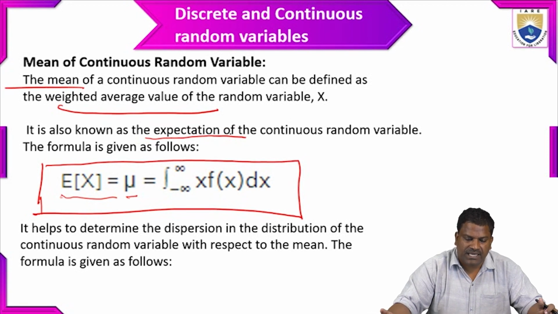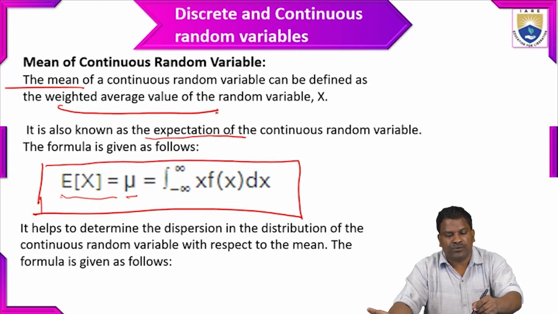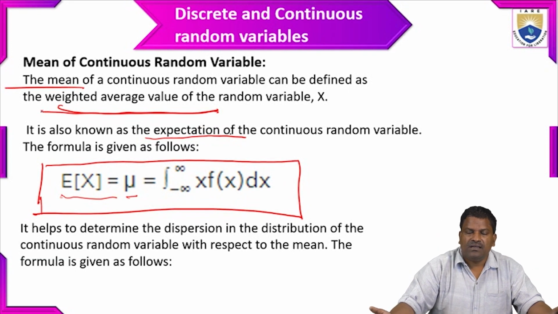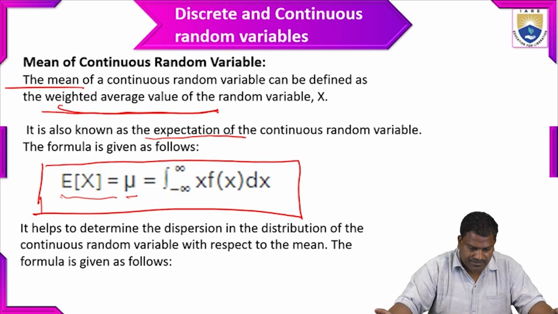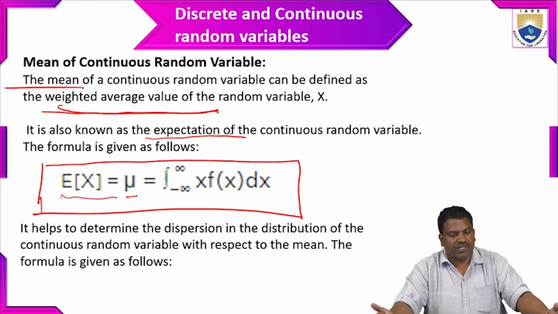Once again, let us see the mean of a continuous random variable. The mean of a continuous random variable can be defined as the weighted average value of the random variable x. It is also known as the expectation of the continuous random variable.